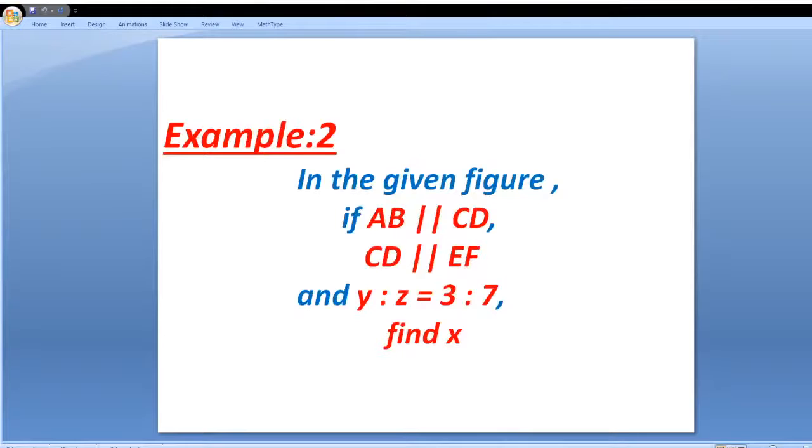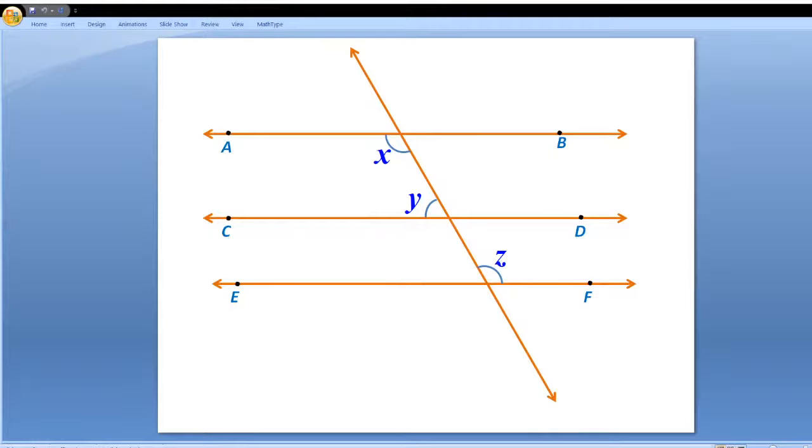Now see here, example number 2. In the given figure, AB and CD are parallel, CD and EF are parallel, the ratio of Y and Z is 3 divided by 7, find X. Okay. See here the figure, and draw it in your notebook.